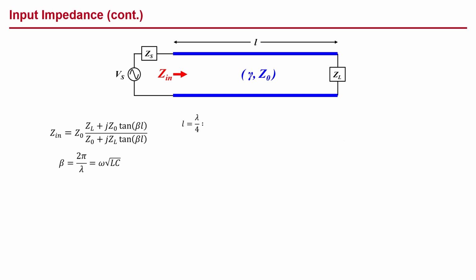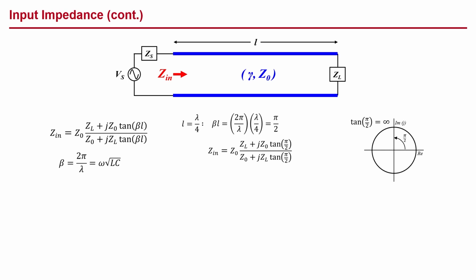When L is a quarter wavelength, our tangent argument beta L equals pi over 2. Tangent of pi over 2 is infinite, so the tangent terms dominate, the non-tangent terms effectively go to 0, then the j and the tangent terms cancel, so that Zin equals Z naught squared over ZL.